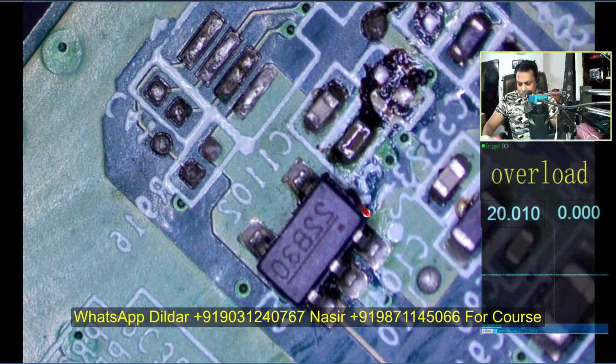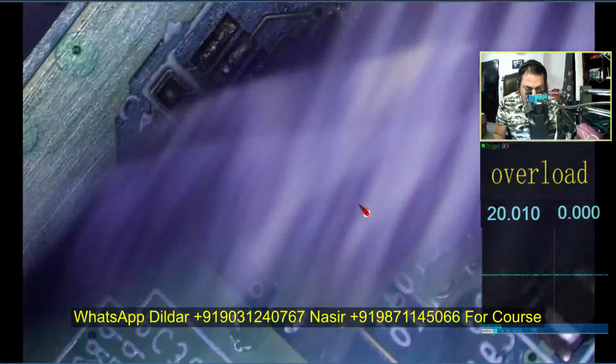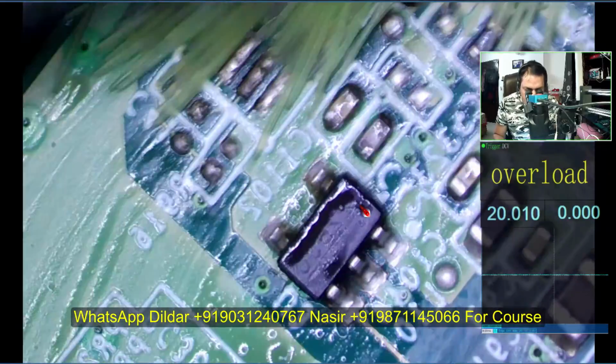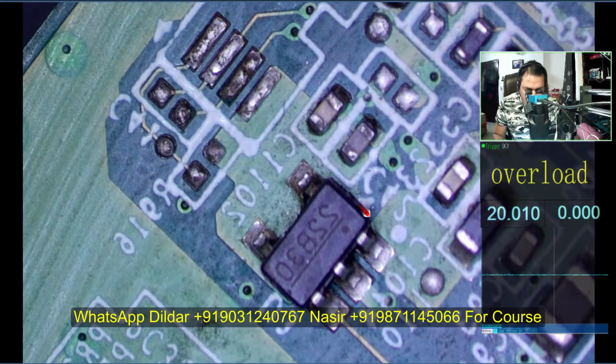Leakage, you have no idea about the leakage, how it acts in the motherboard.